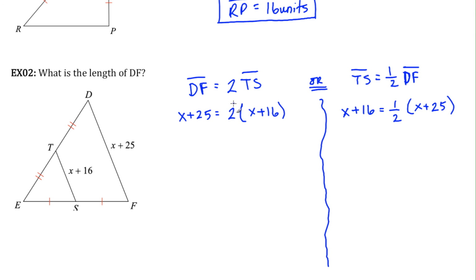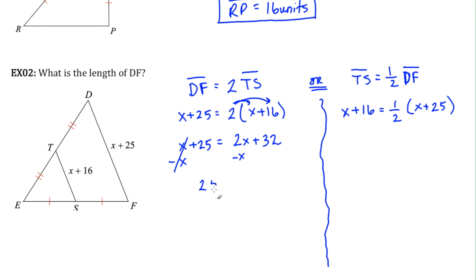I'm going to do this one first. So 2 times x is 2x. 2 times 16 is 32. So we get x plus 25 equals 2x plus 32. I'm going to move the x's over here.